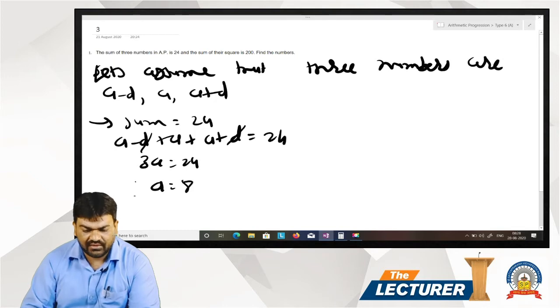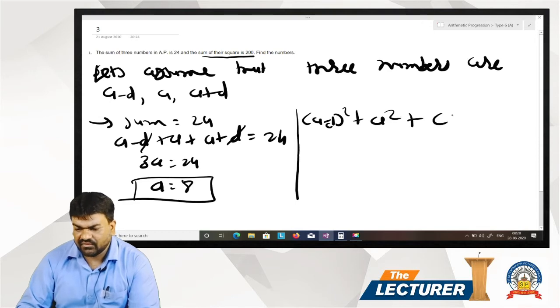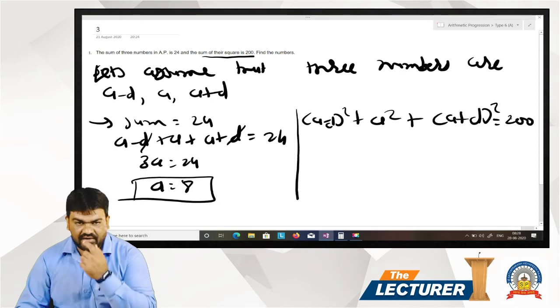Now the sum of their squares: a minus d whole square plus a square plus a plus d whole square is equal to 200.